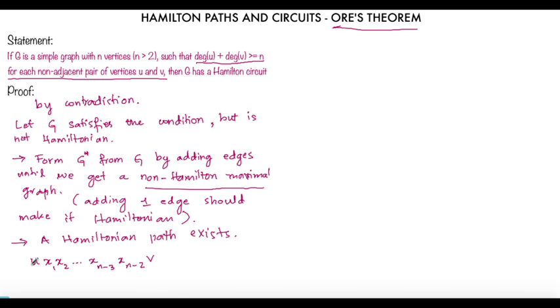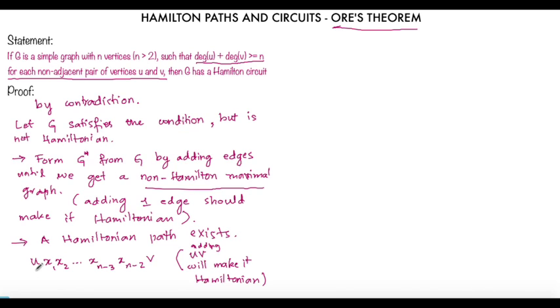Now note that if I just add the edge UV, adding UV will make it Hamiltonian. So this means this path exists from U to V through x1 to x n minus 2, and if I add one more edge UV, then it will make it Hamiltonian.